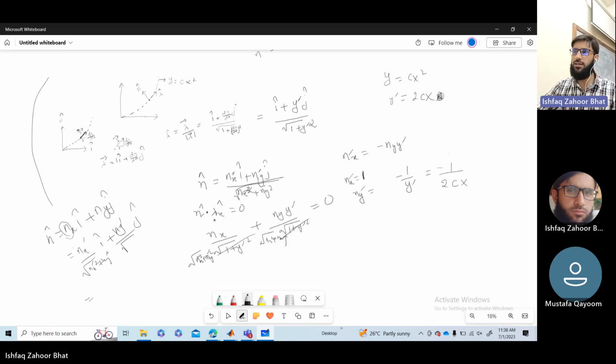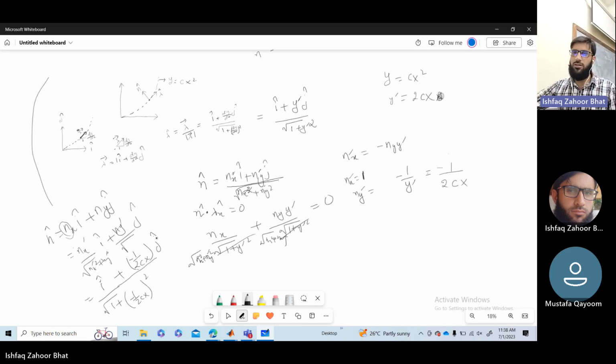What is nx dash? Nx dash is 1. So under root of 1 plus, what is this ny dash? This is minus 1 divided by 2cx, square. Okay, so this is i plus, what is this, ny dash, it is the same, minus 1 divided by 2cx.